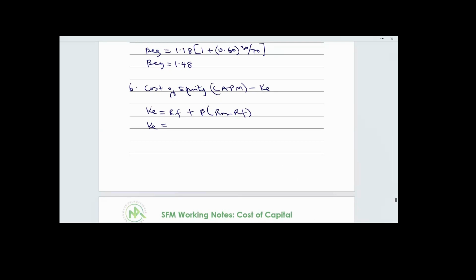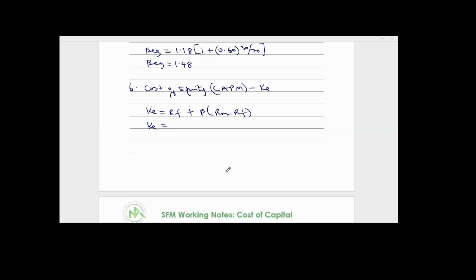I will go back to the question. What is the risk-free rate of return? In the other information number 1, you are told that the equity risk premium is 3.5 and the rate of return on the short-dated government stock is 4.5%. That 4.5% is the risk-free rate.